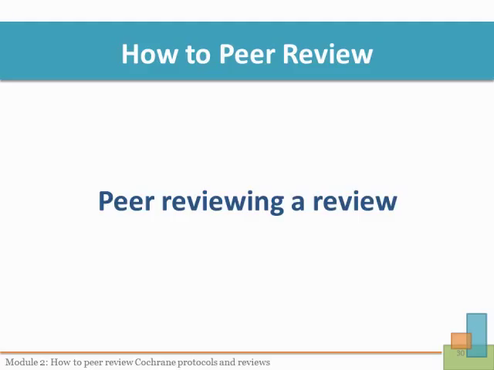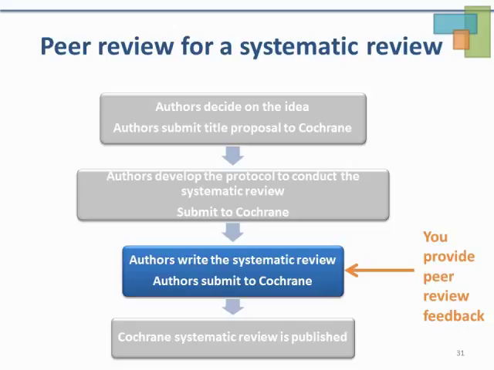Next, we will discuss how to peer review a draft systematic review. It can take between 3 and 6 hours to peer review a systematic review. The time mainly depends on the length of the review and how well done the initial draft is, as well as the amount of time you have to dedicate to the peer review itself.